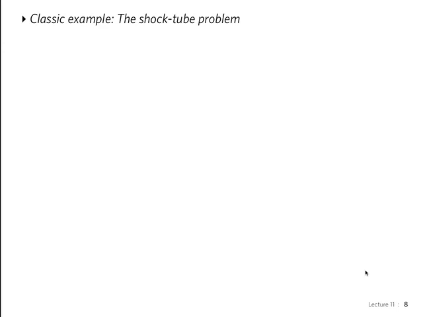It's called the shock tube problem, and it's basically the following: you consider a one-dimensional tube. So I'm going to draw this tube. It's infinite, but I'm just going to draw a little piece of it.